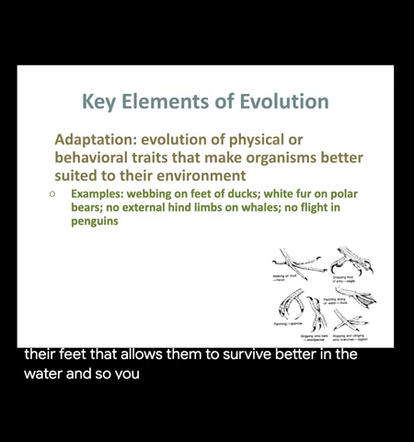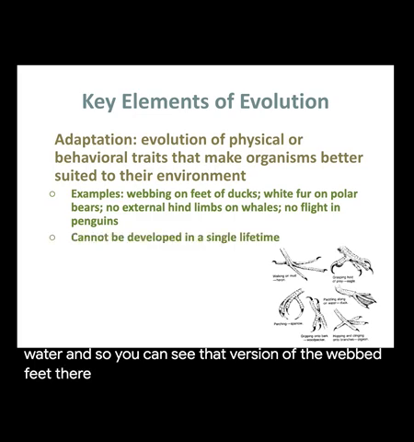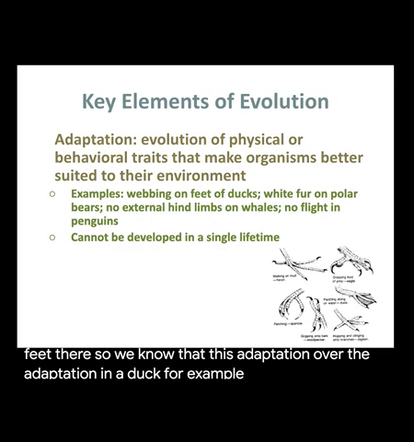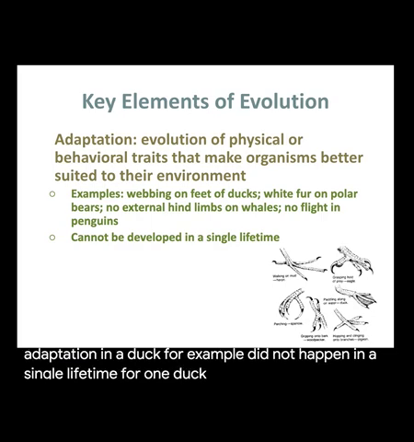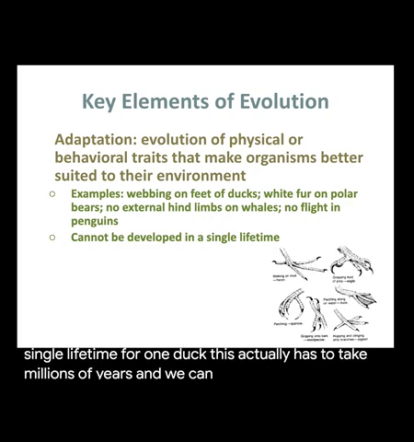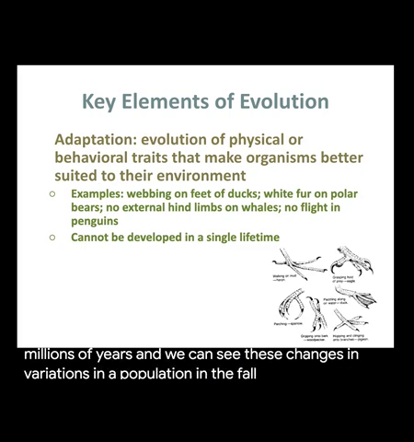And so you can see that version of the webbed feet there. We know that this adaptation in a duck, for example, did not happen in a single lifetime for one duck. This actually has to take millions of years, and we can see these changes in variations in a population in the fossil record.